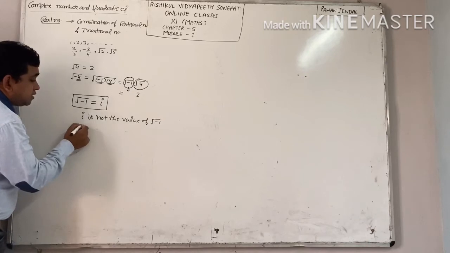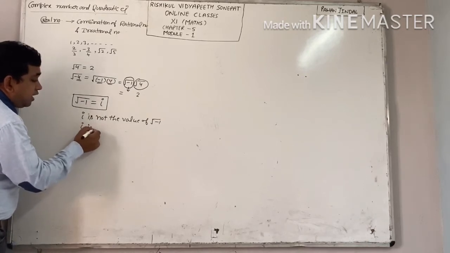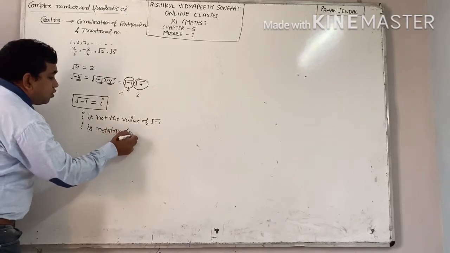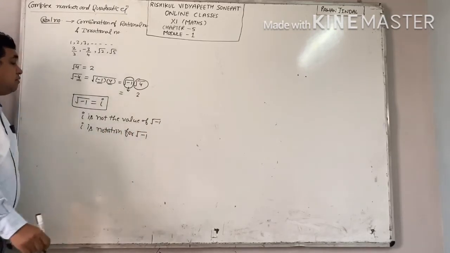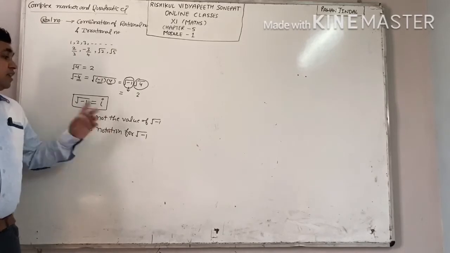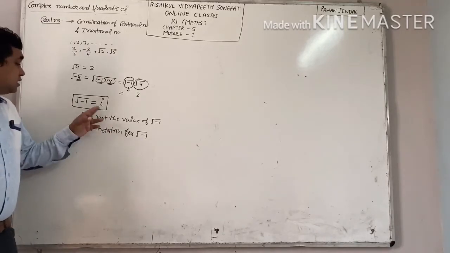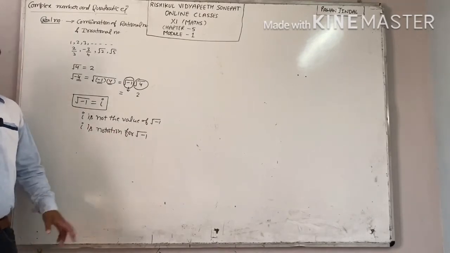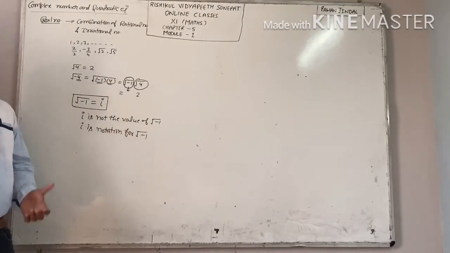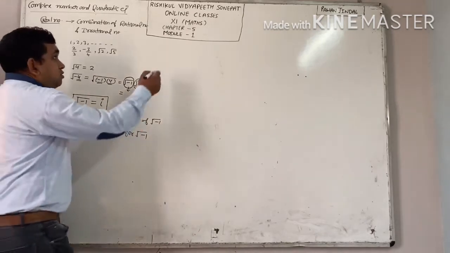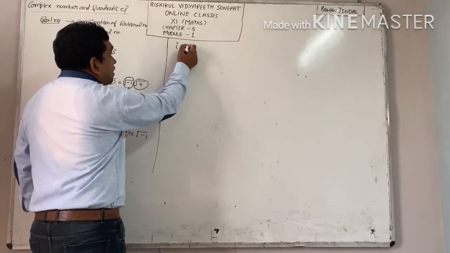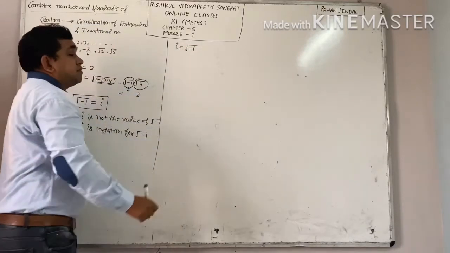Iota is a notation for root minus 1. Means we have given it one name, this is the symbol for root minus 1. Means where you will get root minus 1, you will write down iota. Now students, you know very well iota. What is iota? Iota is root minus 1.